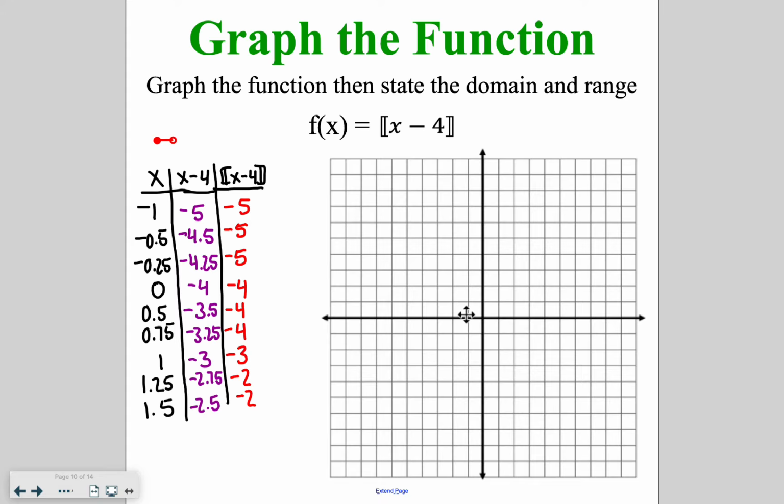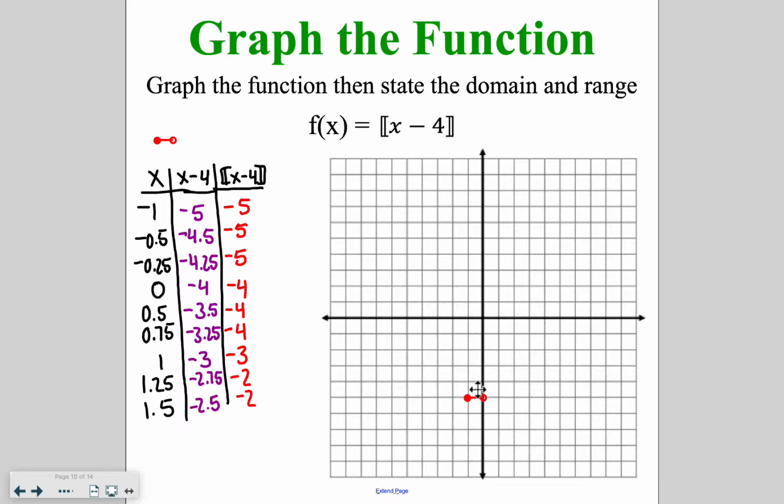Now, when I put this on the graph, that means at -1, -0.5, and -0.25, so all of these values in here, my answer is going to be -5. So at -1, at -0.5, at -0.25, all of those have an answer of -5.